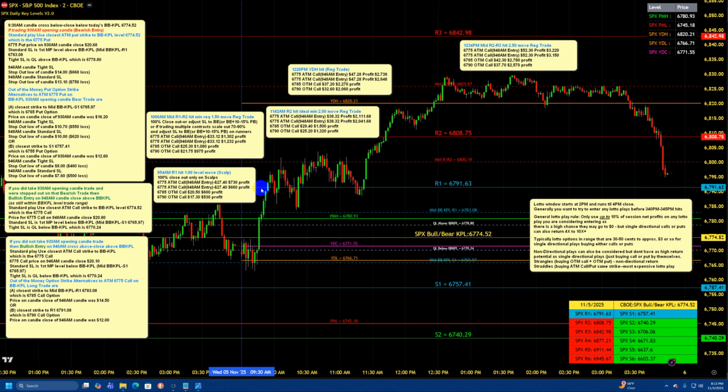You would instead, if you were going to consider taking that trade, be taking a trade off of the R1 level, and then you'd be looking at this strike instead, and then you would be looking at the out of the money strikes based on a bullish play from this level. So that's what we're talking about as far as being within range.